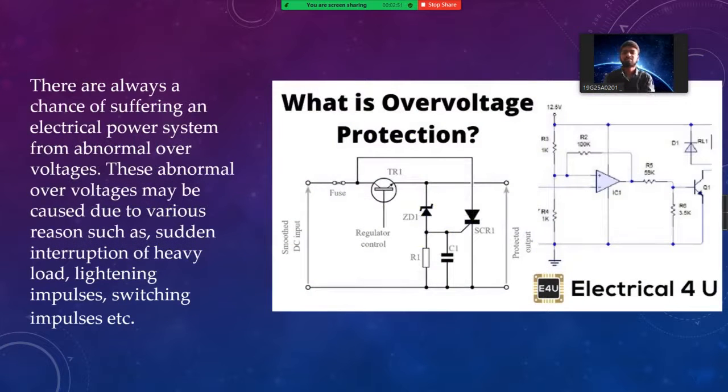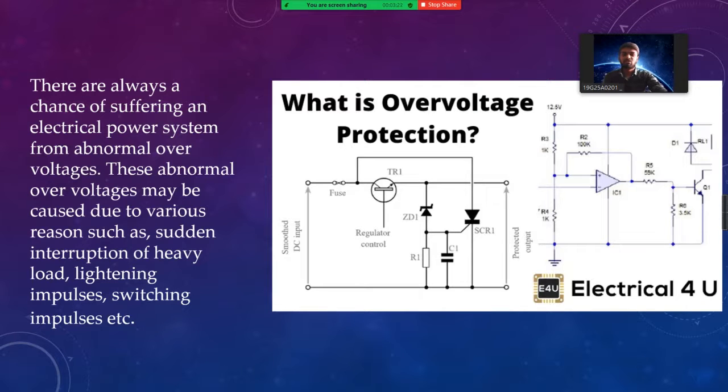What is over voltage protection? You can see in this picture, it is fully protected with a fuse, regulator control and protected output, smooth DC input, and this is a small-scale protection against over voltages. There is always a chance of an electrical power system suffering from abnormal voltages.